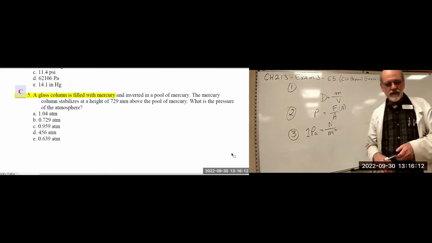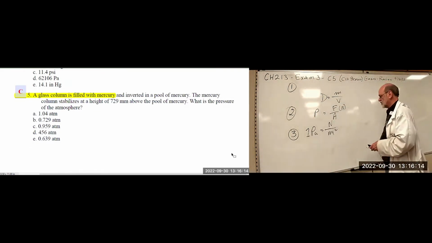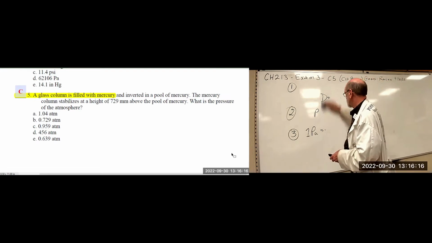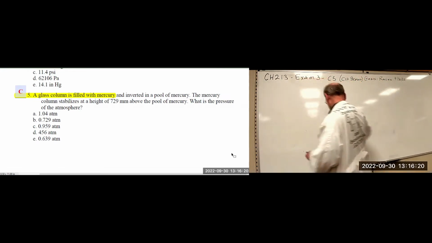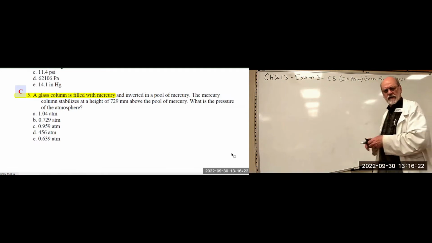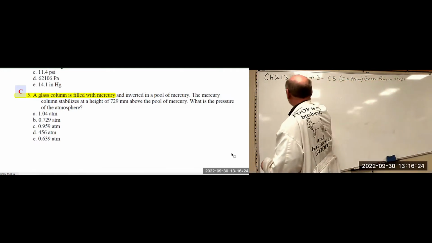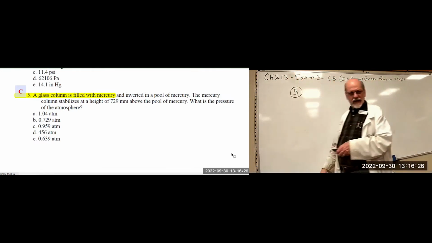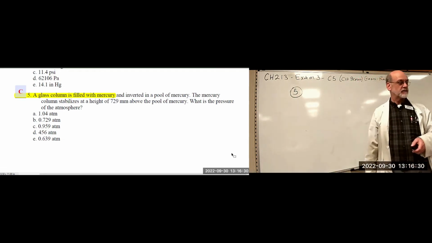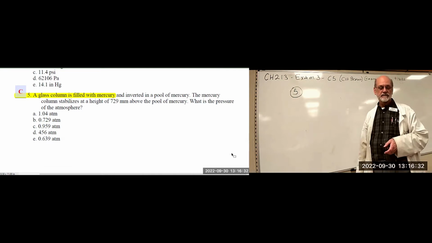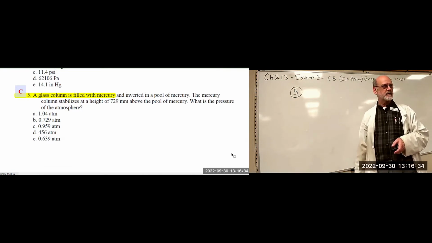Number 5. A glass column is filled with mercury and inverted in a pool of mercury. So that sounds like Torricelli's barometer.